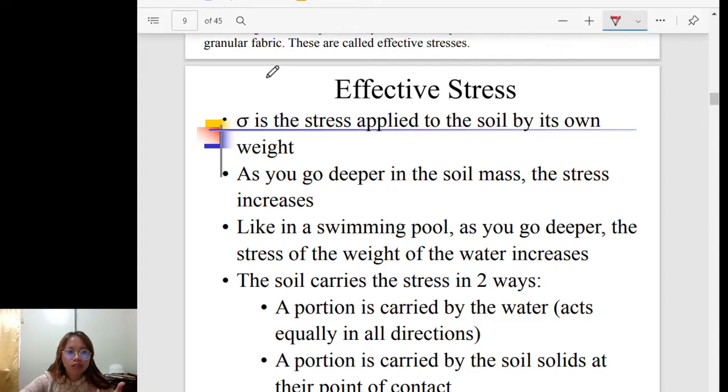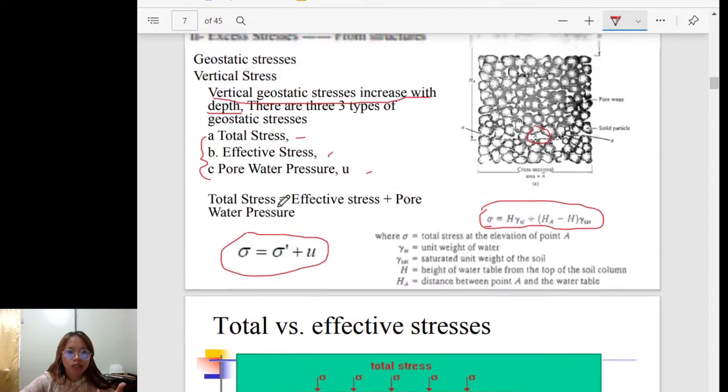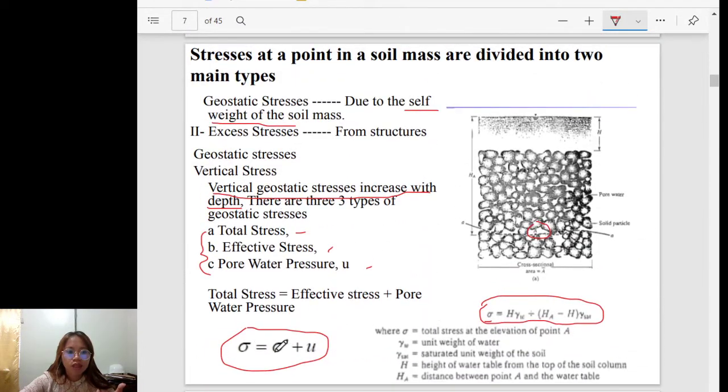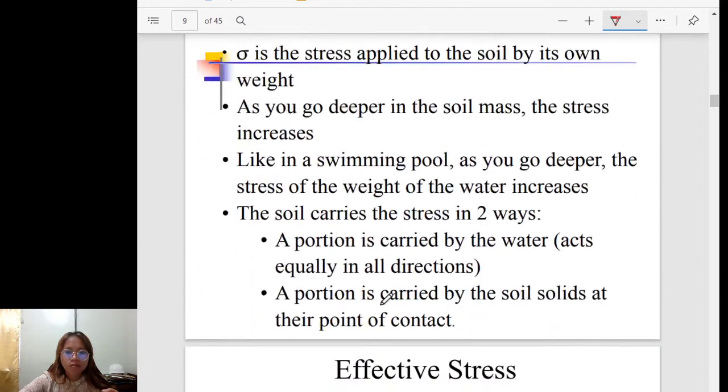Because, as we discussed, the total stress is equal to the effective stress plus the pore water pressure. So if you try to find the effective stress in this formula, it is the total stress minus the pore water pressure, no?